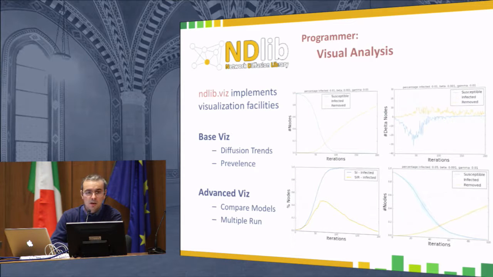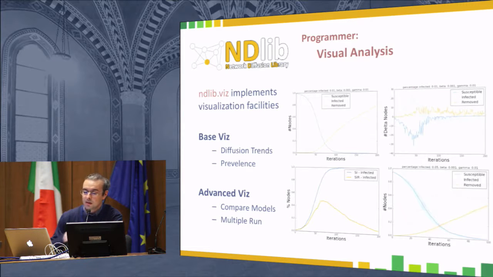Moreover, to test how different initial statuses of nodes affect the stability of the diffusion process, we also provide a visualization that computes several instantiations of the same model with the same parameters, varying only the initial status of nodes.